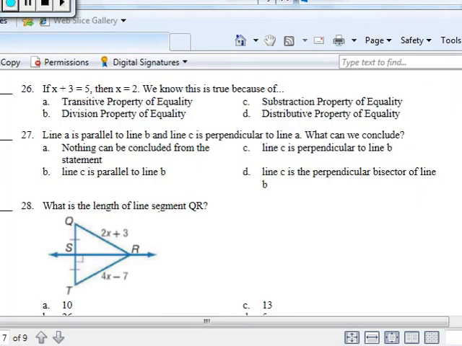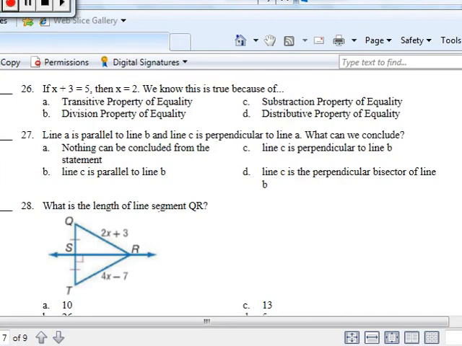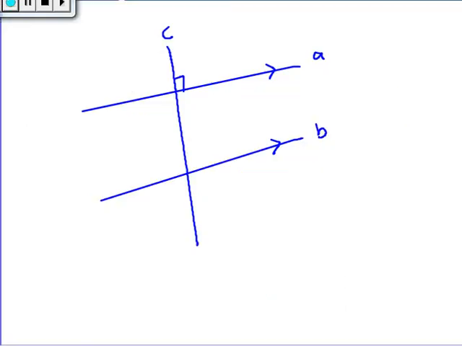We're also given that line C is perpendicular to A. So let's draw that to be perpendicular. Line C is perpendicular to line A. What can we conclude? Cat, since this is a 90-degree angle, that's what perpendicular means.